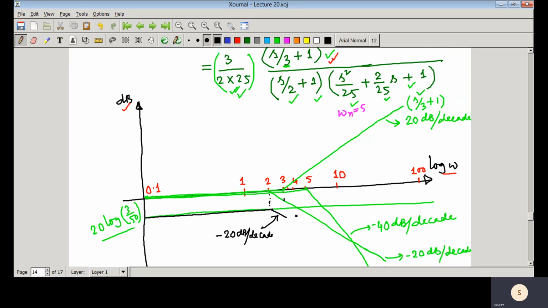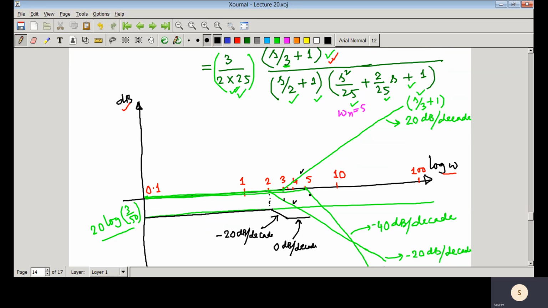And then from 3 to 5, there is one negative slope and one positive slope, so that would be flat up to 5. So this slope is 0 dB per decade, because this is the negative slope and this is the positive slope.